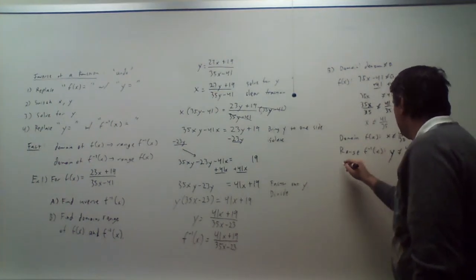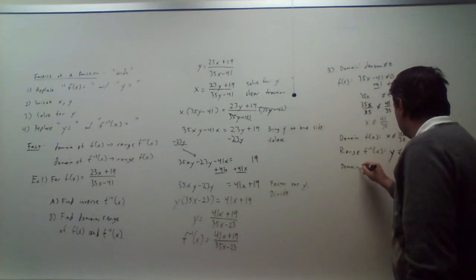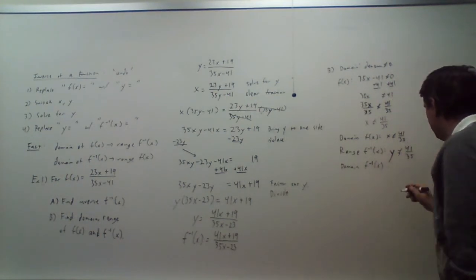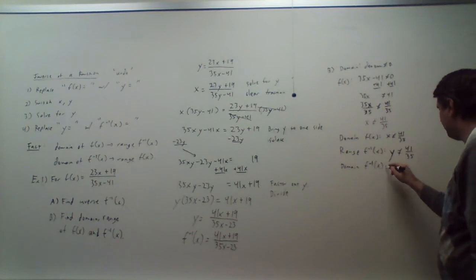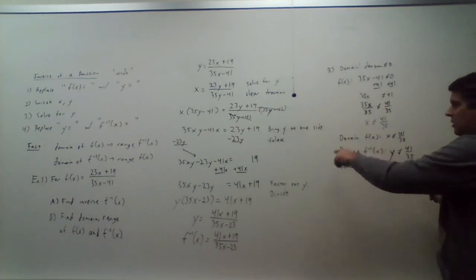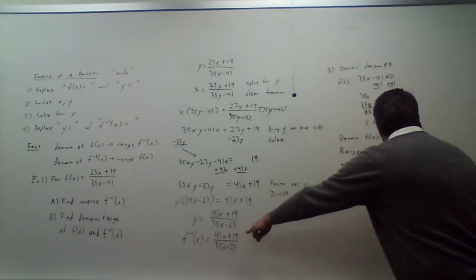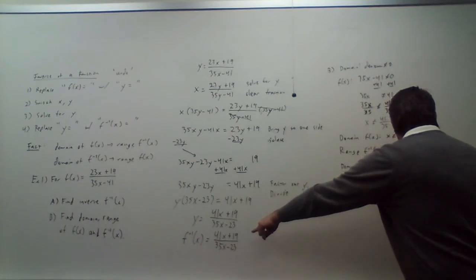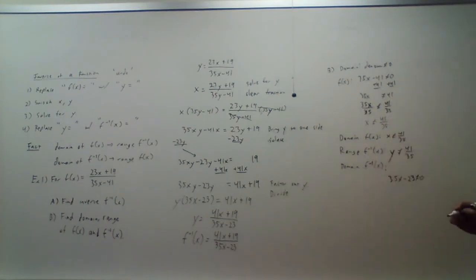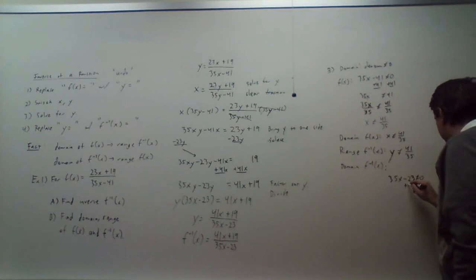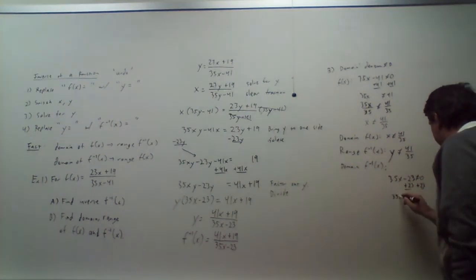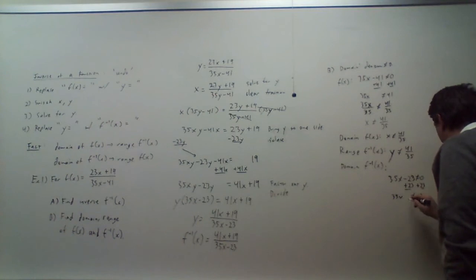So for the domain of f inverse of x, 35x minus 23 cannot equal 0. Okay? So add your 23. 35x cannot equal 23.